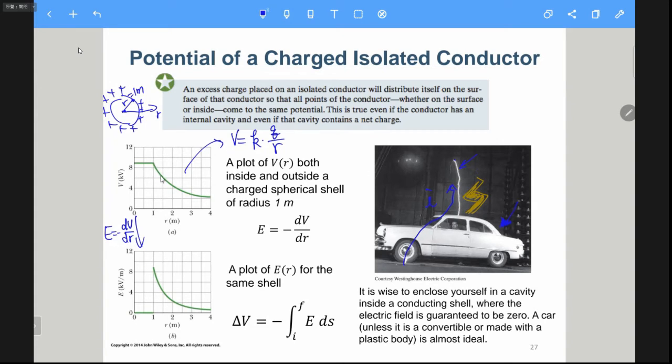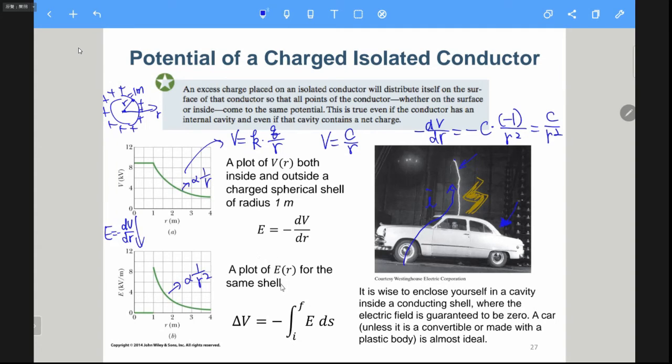And then this is decreasing, something like V equals a constant C divided by R. If you take the derivative, minus dV/dR, it is minus C times minus 1 over R squared, so it will be C over R squared. So V is proportional to 1 over R, and E is proportional to 1 over R squared, like this.